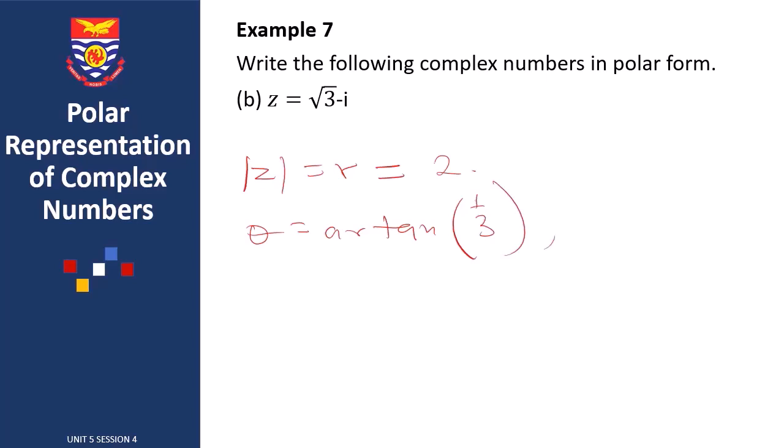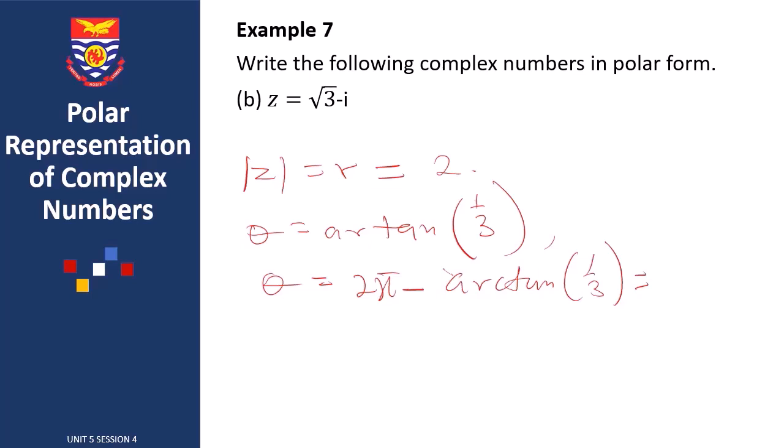Because Z is in the fourth quadrant, we find theta equals 2 pi minus the value of the arctan of 1 on the square root of 3.